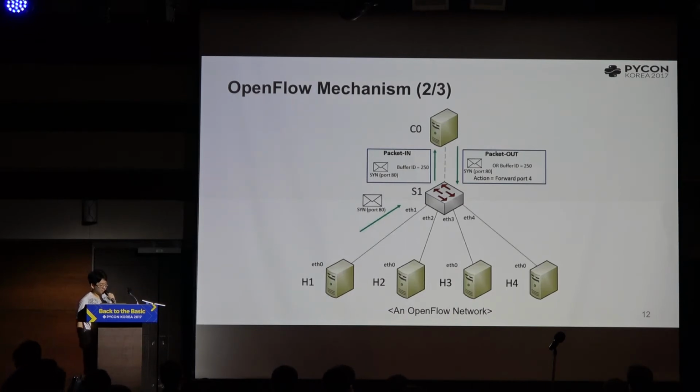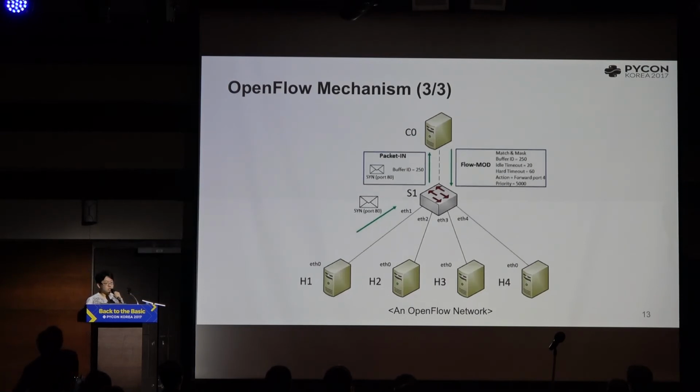That's called packet in. The controller calculates what to do with it and gives an instruction to the switch. That is called flow mod, which puts an entry in the switch. Packet out sends out the first packet that it received, and it also makes a rule, so the switch doesn't have to ask the controller over and over again and jam the controller.